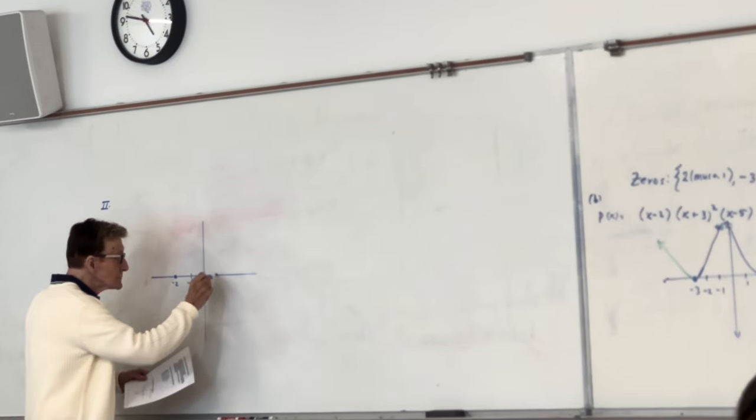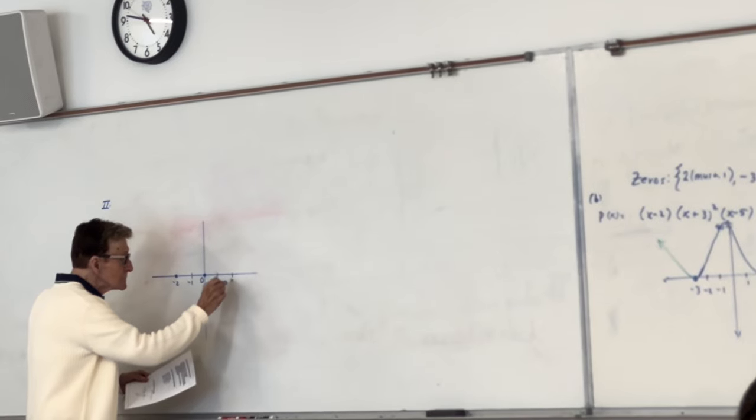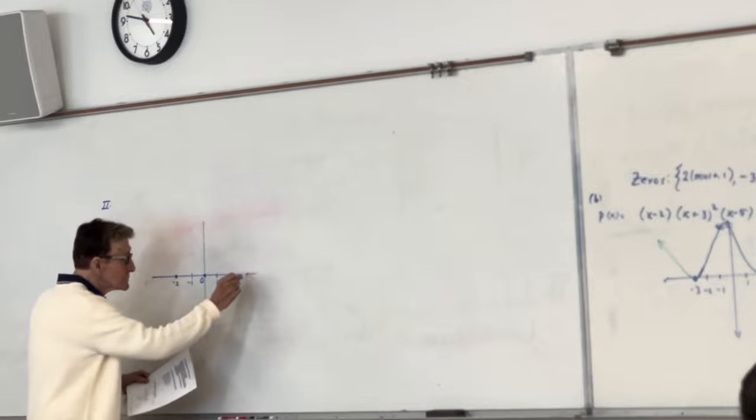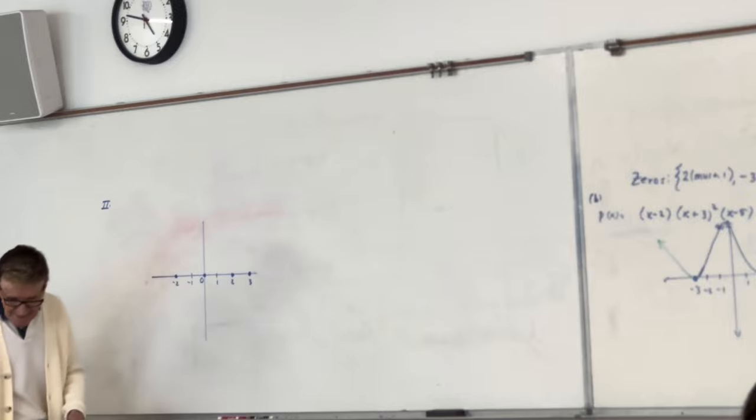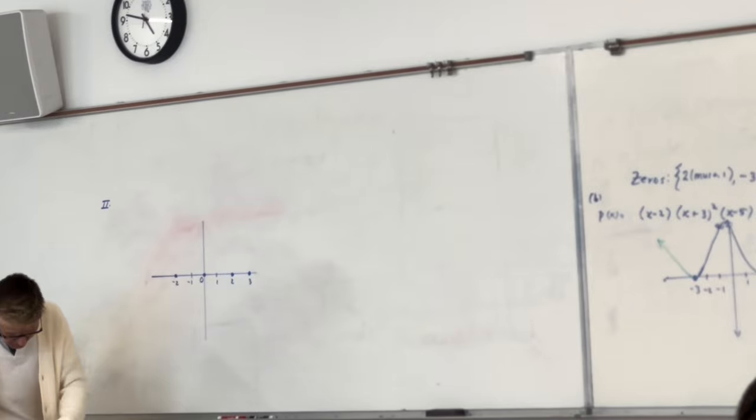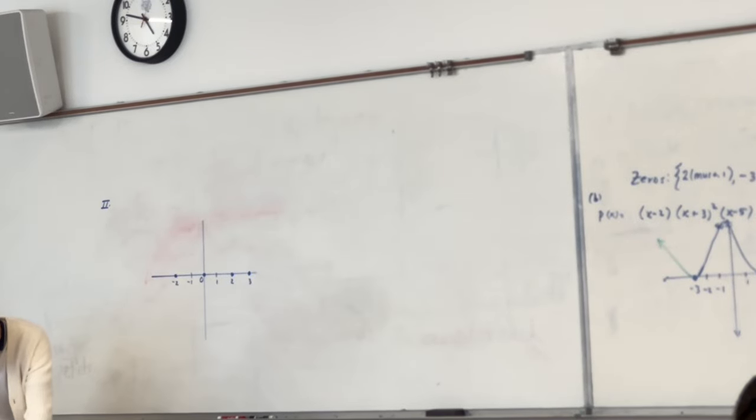2. Three. Those are my zeros. The graph itself is going to look something like this.